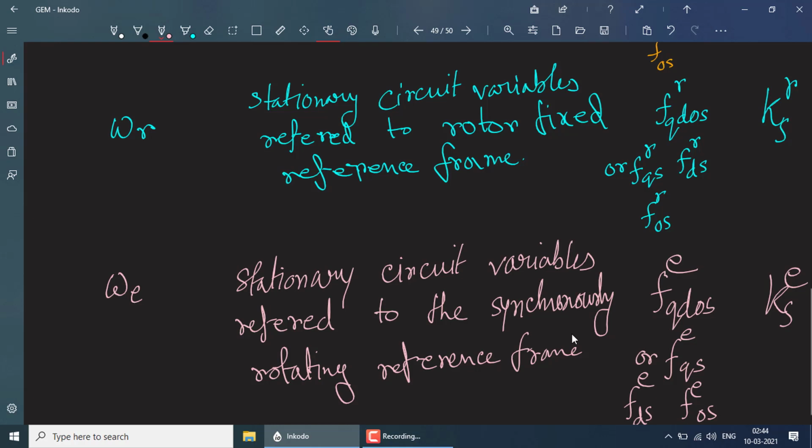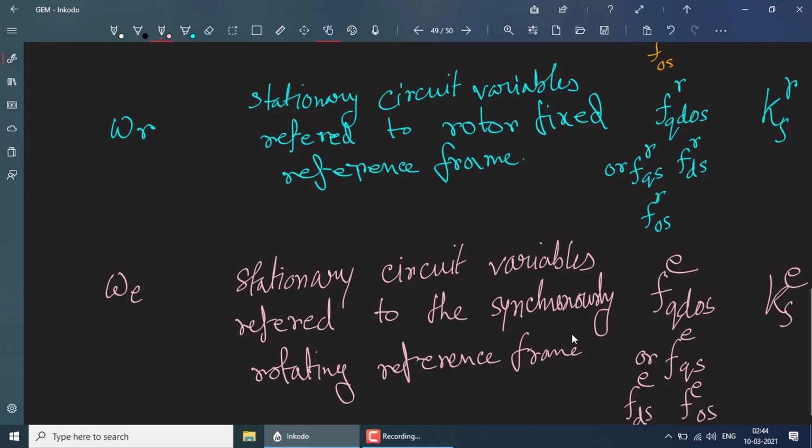Now these notations we need to understand in depth, the underlying concept there. These circuits are stationary in real life, as opposed to the rotor circuit which is free to rotate.